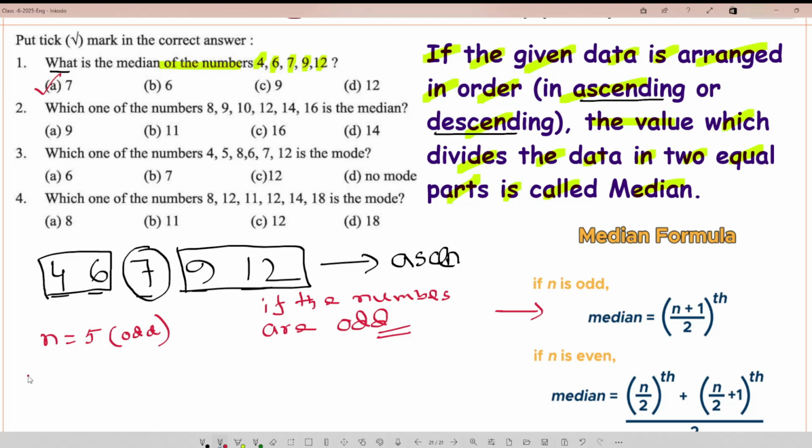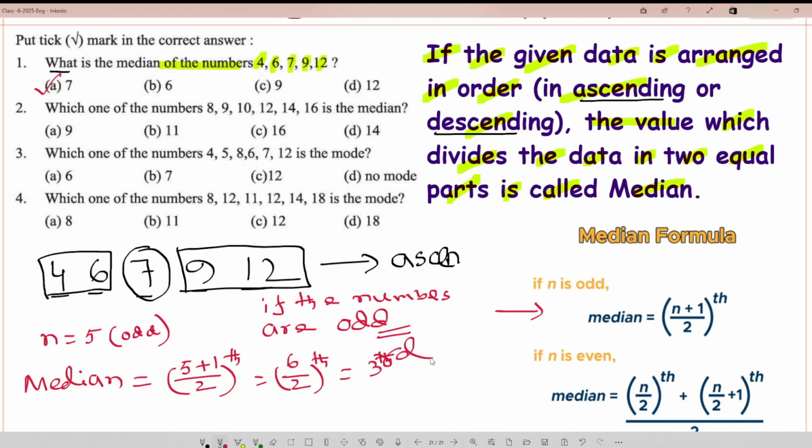So the formula is median equals (5 plus 1) divided by 2 term. So 5 plus 1 is 6, 6 divided by 2 is 3. It means the third term. So what is the third term? 4 is the first term, 6 is the second term, and 7 is the third term. So the answer is 7. This way we can also find the value.